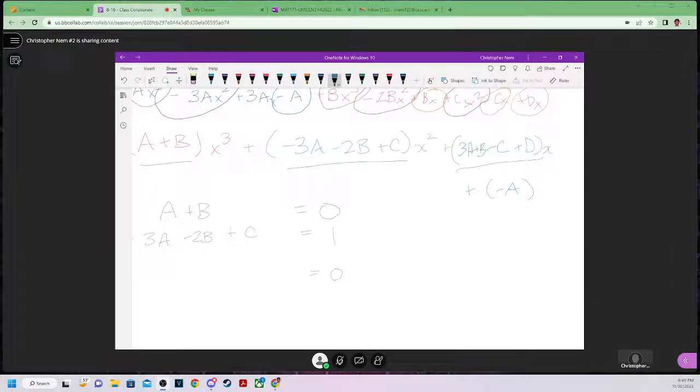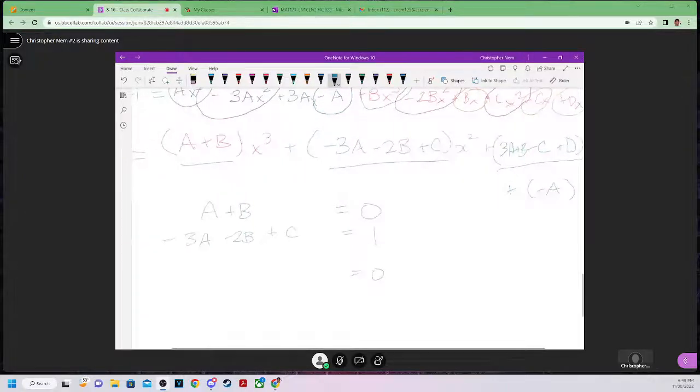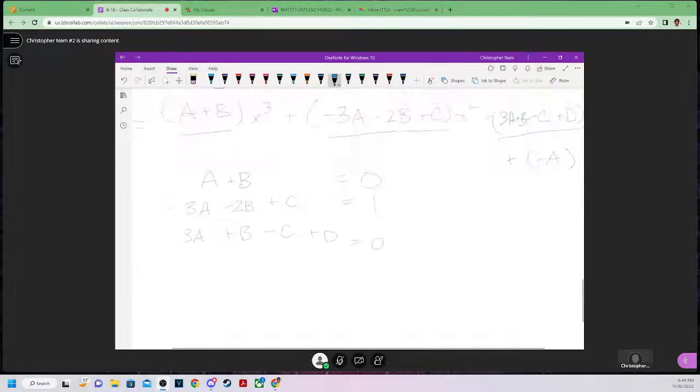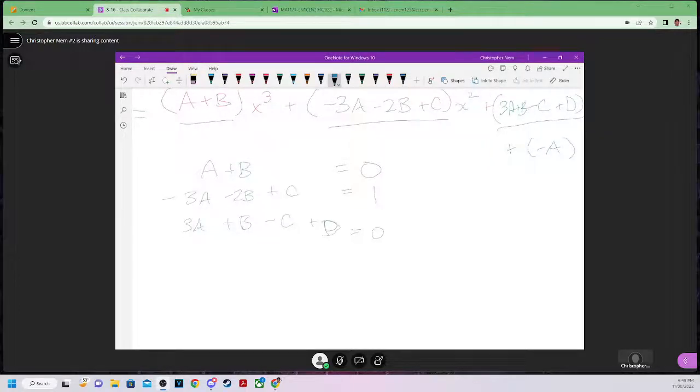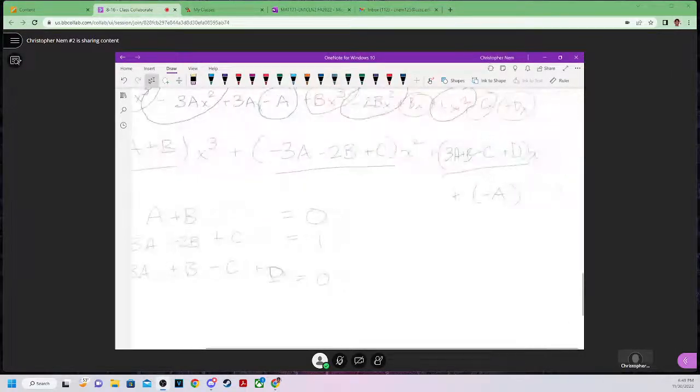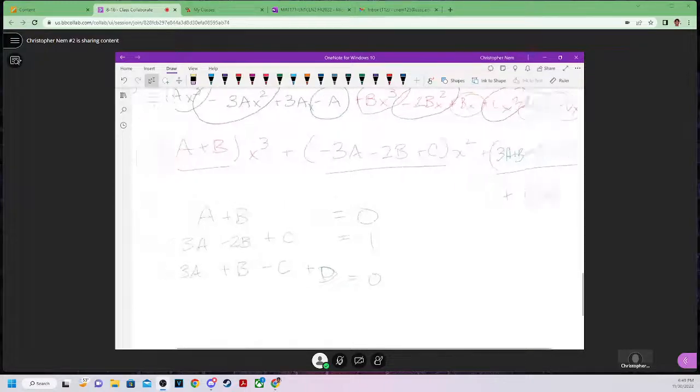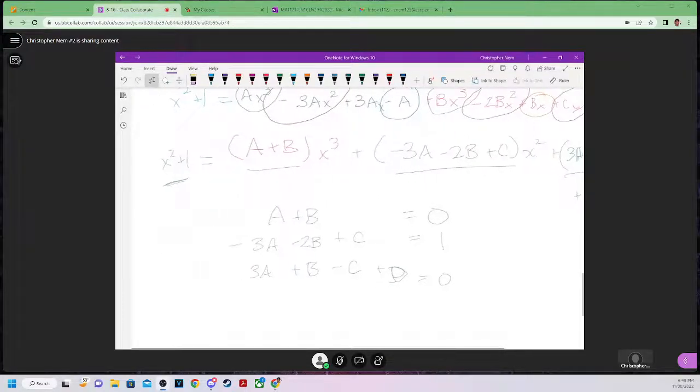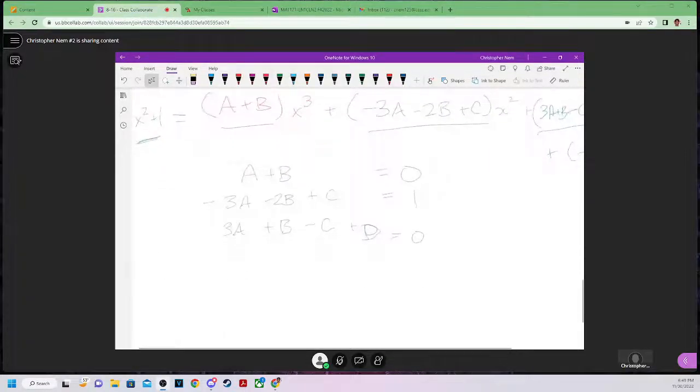So I have 3a plus b minus c plus d is equal to 0. This is a d. And then the last one, our constant, is negative a. Over here, it should be 1. So that means negative a is equal to 1. I have my system of equations.